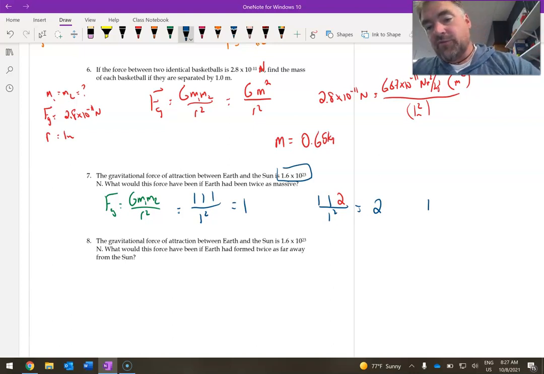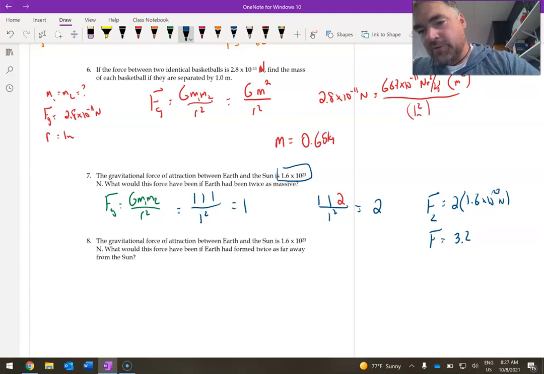So 2 times the 1.6 times 10 to the 23rd newtons is 3.2 times 10 to the 23rd newtons as our new force.